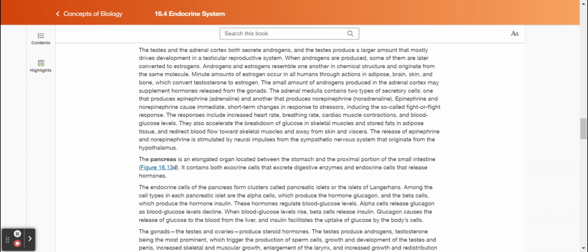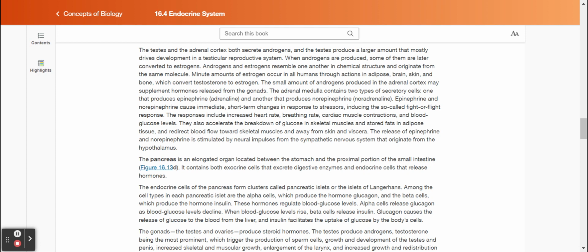The adrenal medulla contains 2 types of secretory cells, one that produces epinephrine, or adrenaline, and another that produces norepinephrine, or noradrenaline. Epinephrine and norepinephrine cause immediate short-term changes in response to stressors, inducing the so-called fight or flight response.